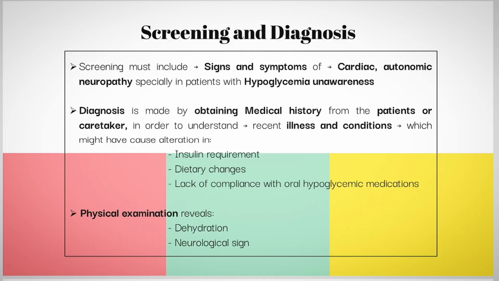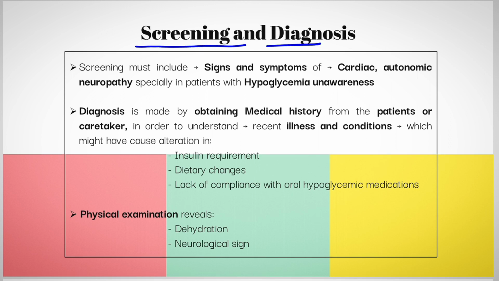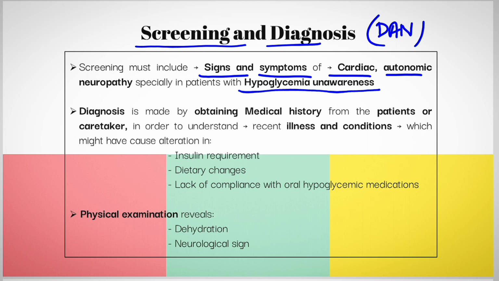Now coming to the screening and diagnosis of a case of diabetic autonomic neuropathy. This screening will include the signs and symptoms of cardiac autonomic neuropathy, especially in patients who have hypoglycemia unawareness, which is also a presentation of diabetic autonomic neuropathy.